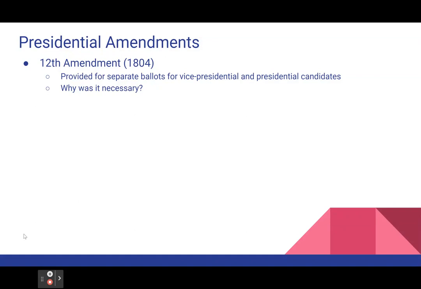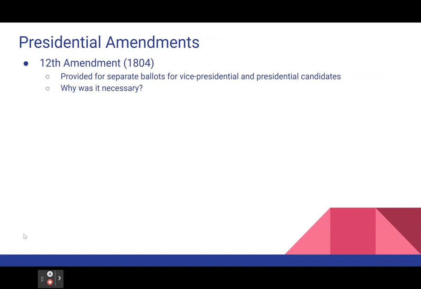And it kept going back and forth, and the Constitution says, well, whoever gets the most votes gets to be the president. If it had been clear that Jefferson was the presidential candidate and Burr was the vice presidential candidate, or vice versa, then this would have been resolved and everything would have been fine. But that was never set.